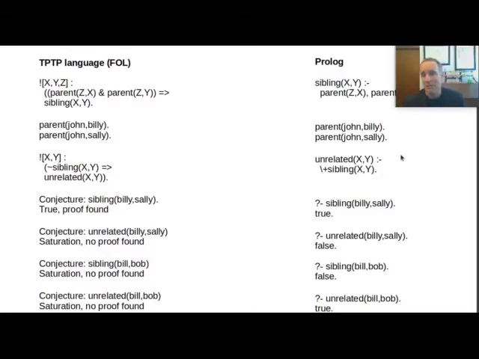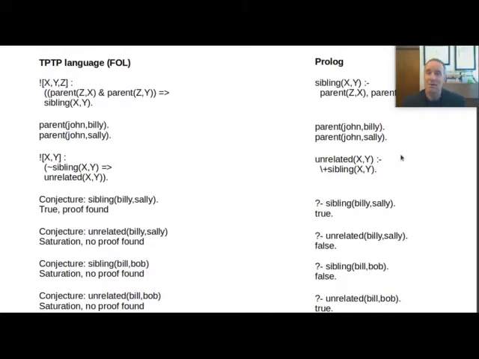Now, fortunately, they're both vaguely Prolog syntax, so if you're familiar at all with Prolog, you just have to do a little bit of a mental switch to read programs in the TPTP language. Most notably, the direction of implications is switched.